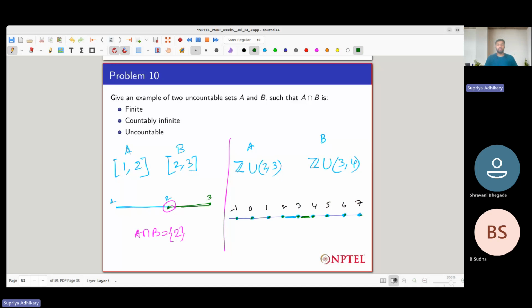If we take the intersection of these two sets, we will only find the integer points, because the two intervals don't have anything in common.